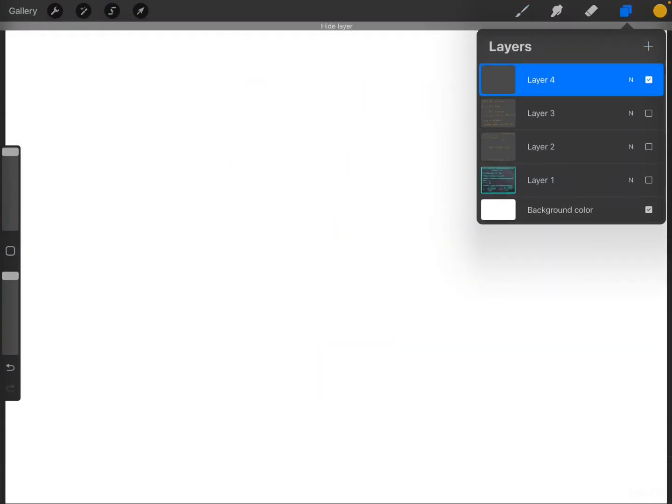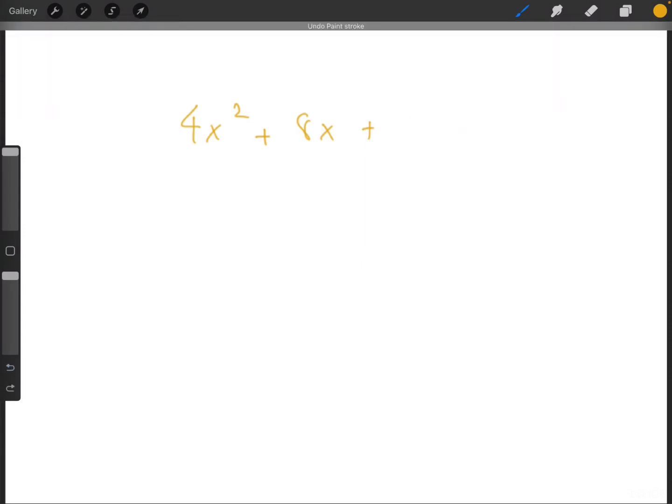Here's another example. Let's do this one, it's easier. 4x squared plus 8x plus 4 equals 0.